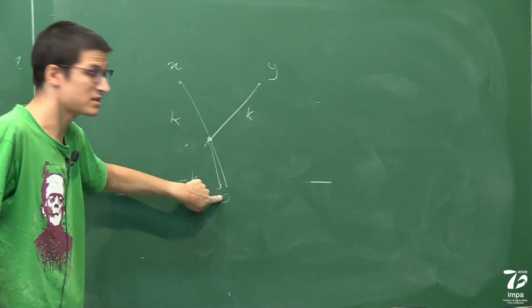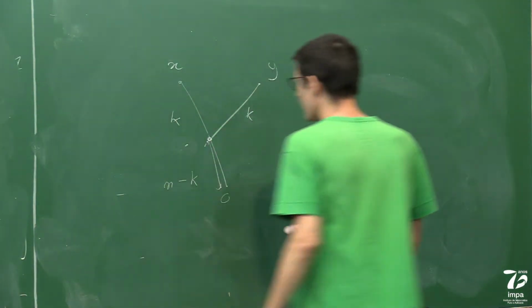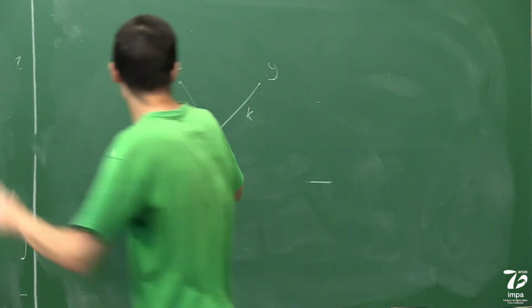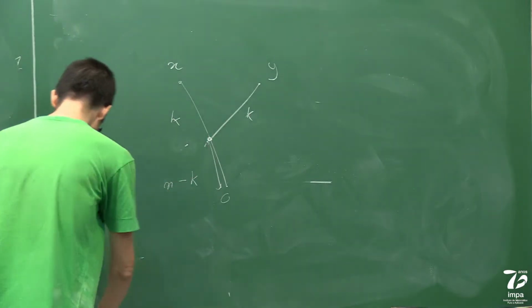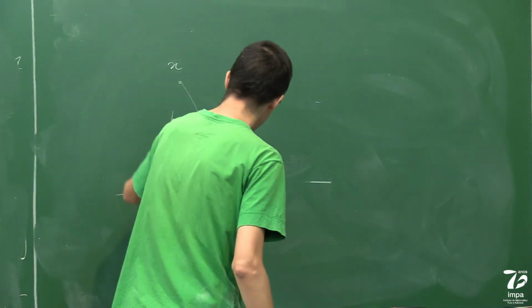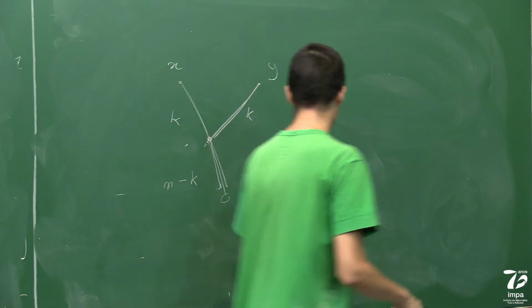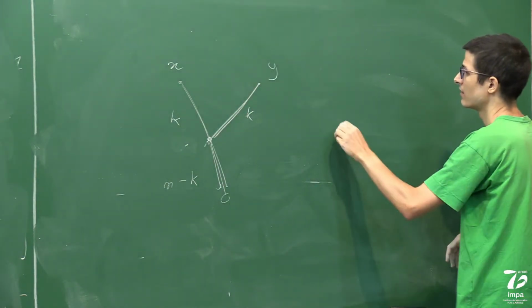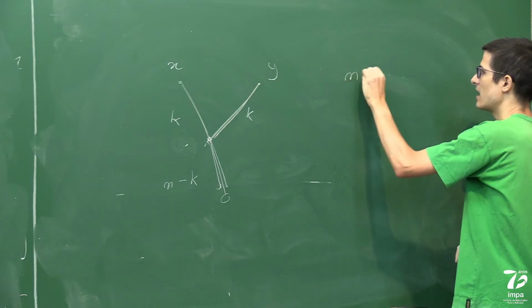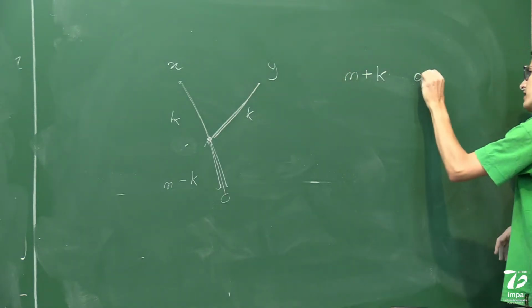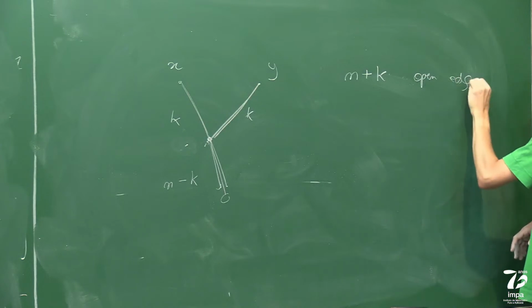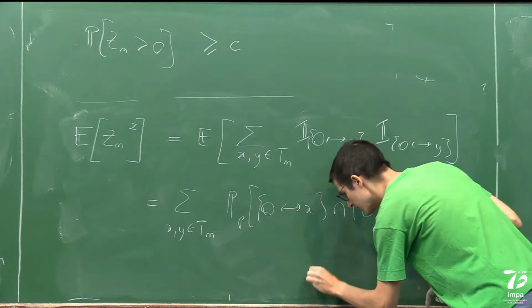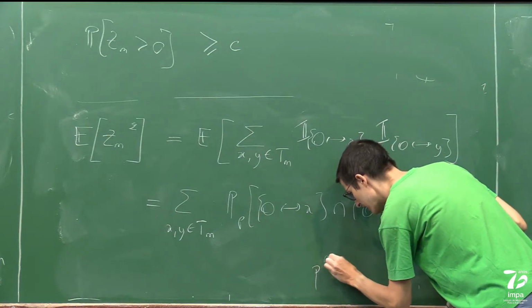That might be the root itself. So every pair, my graph of open paths will look something like that. So how many edges do I have? Well, n plus k open edges. So the probability of this is just p to the n plus k.